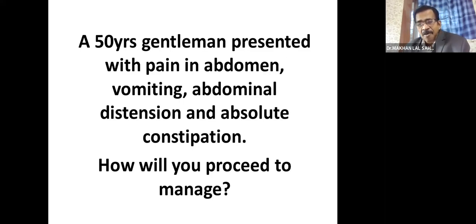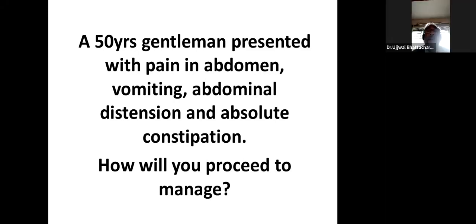It is a cholecystoduodenal or cholecysto small bowel fistula. And what happens then? The stone passes into the small bowel. Is it usually a small stone or a large stone? A large stone. Yes, that can obstruct the lumen.